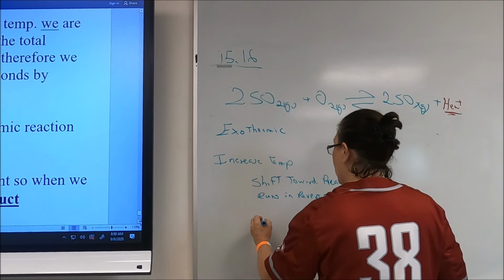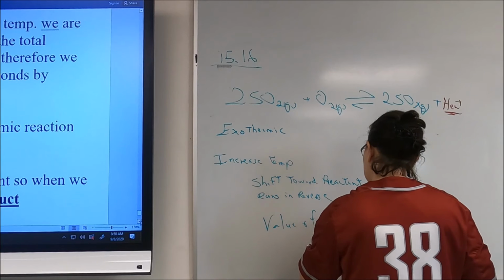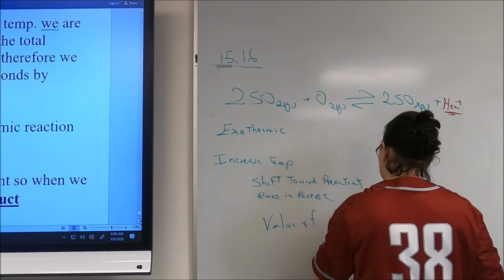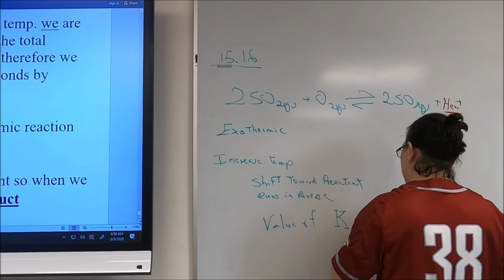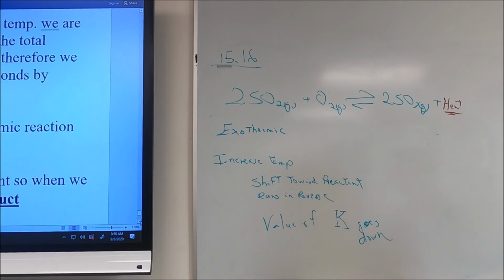Now, if it runs in reverse, that means the value of K goes down. If I wanted the value of K to go up and to get more product, I would have to lower the temperature. All right? Now we're going to look at a couple of problems at the end of the chapter just to make sure that we're good at this.